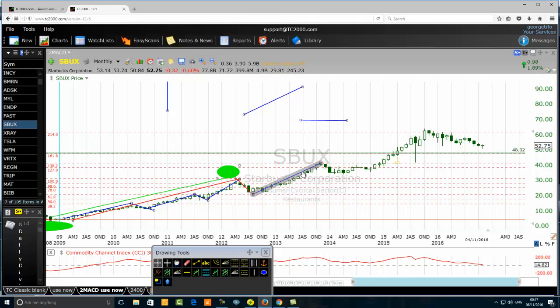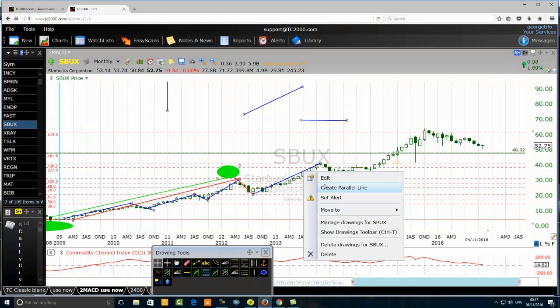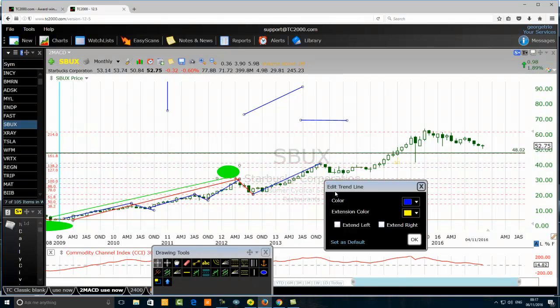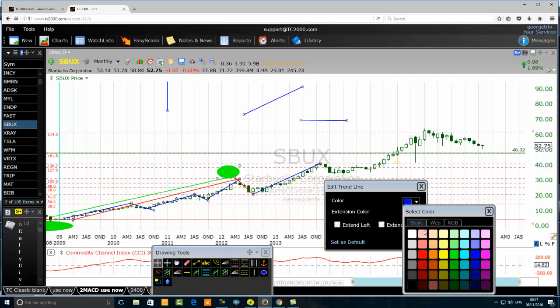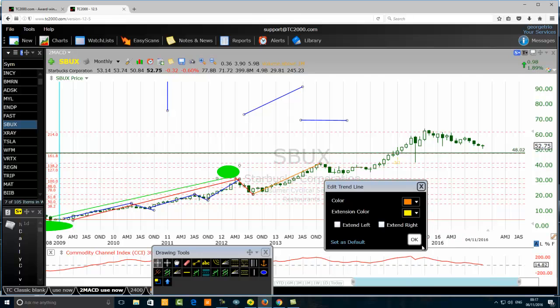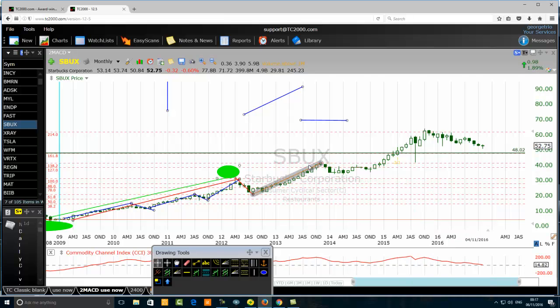So now we have a normal third Elliott wave. Color it in orange. This is the normal third Elliott wave because it did not exceed the 161.8% Fibonacci extension level of the real first wave.